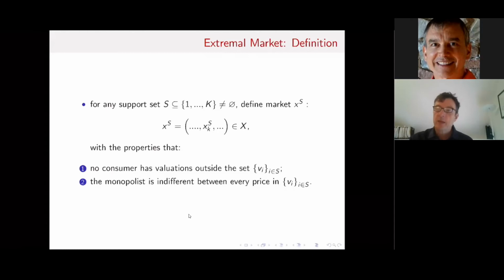Okay, that is, the set of valuations that have positive probability in a particular segment. Let's that support set be called S for a generic support set, and it contain any valuation V1 up to Vk. It doesn't need to contain all of them, but it needs to contain some of them. And of course, it's different from the empty set.